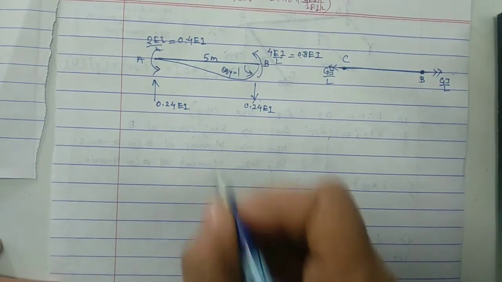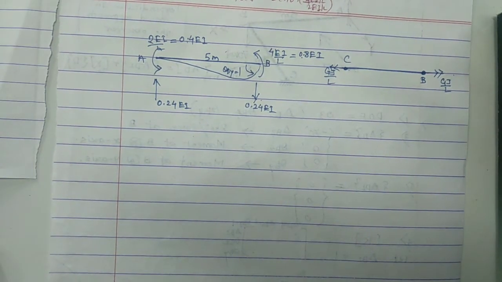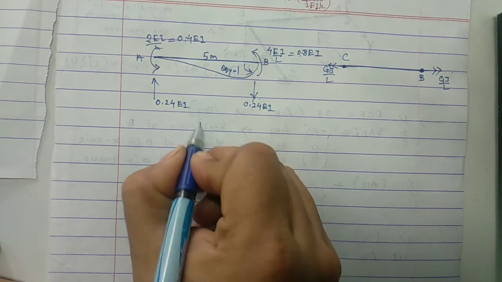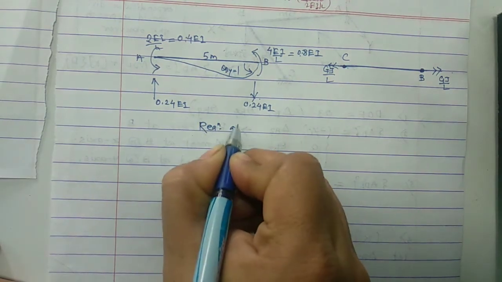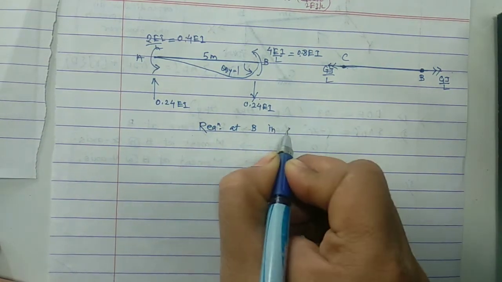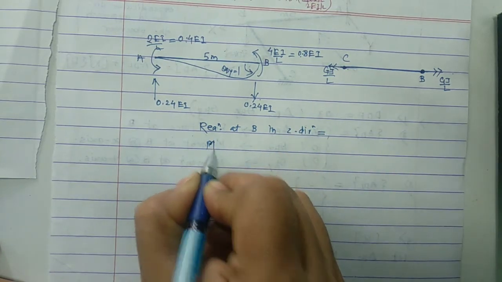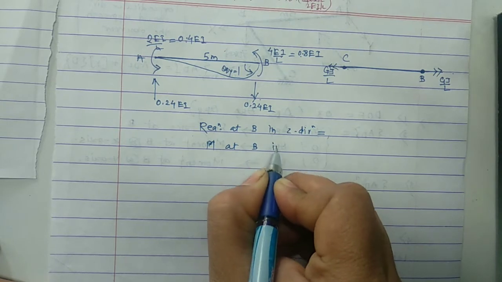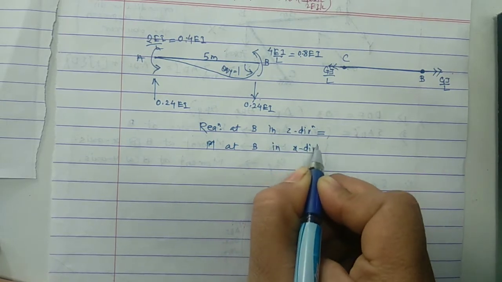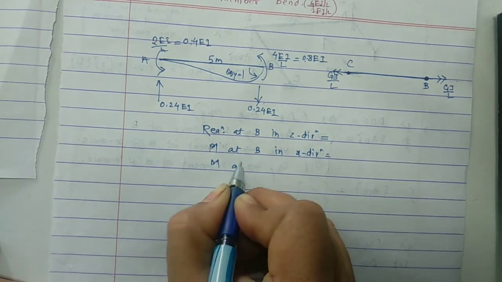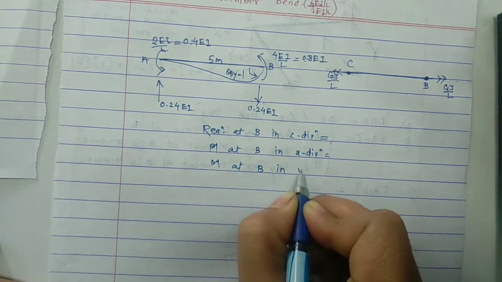Now according to our 3 degrees of freedom, the actions corresponding to the 3 degrees of freedom: first is the reaction at B in Z direction. Second, the moment at B in X direction, that is about X direction. And third, the moment at B in Y direction.